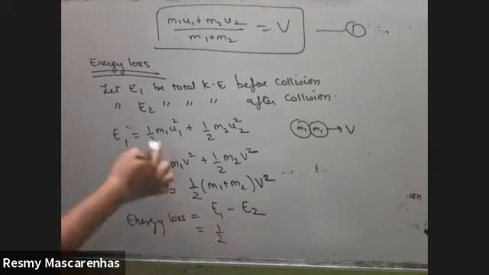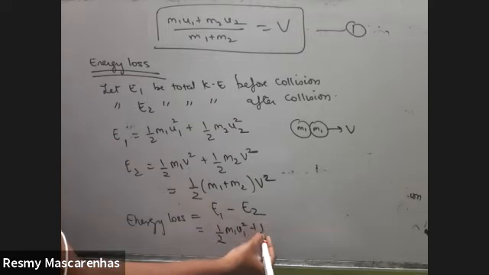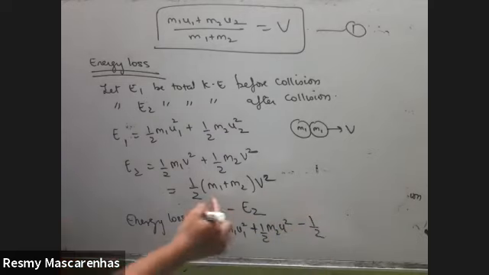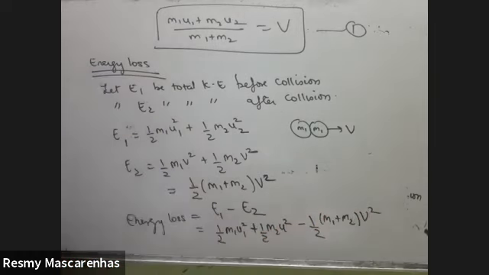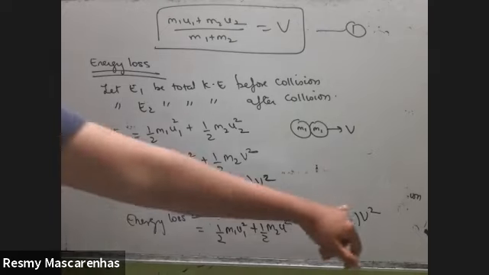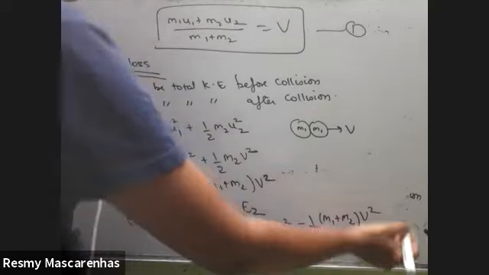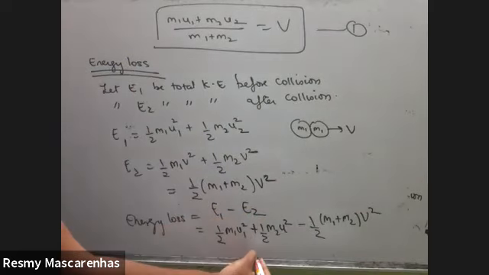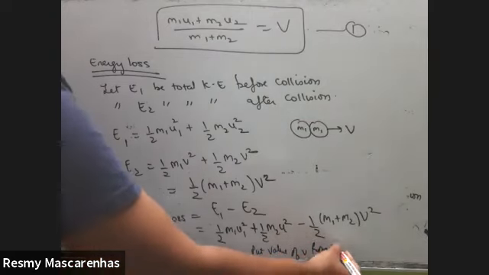So half, just substitute what is E1, this whole thing, minus E2. Now we know the value of v from equation 1. So put the value of v from equation 1 over here.